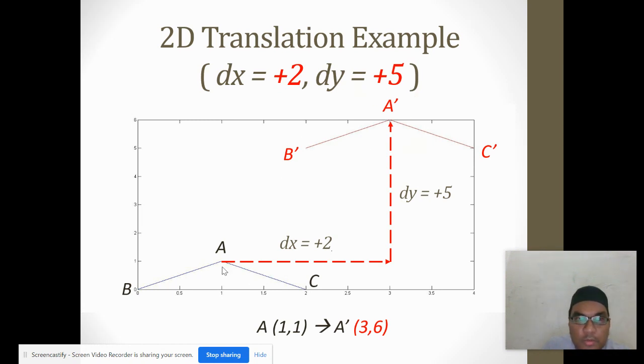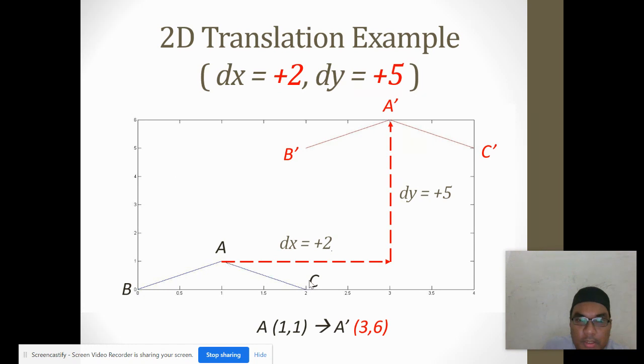For A, the coordinate is 1, 1. So 1 plus 2 becomes 3, and for the y coordinate, 1 plus 5 becomes 6.